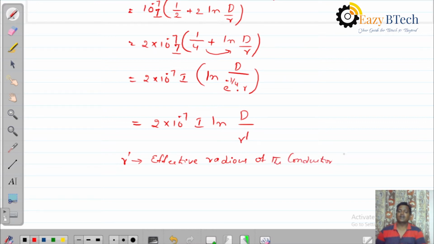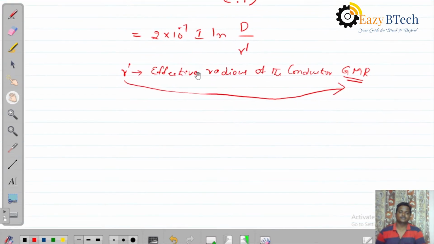It is also called GMR. We will discuss later what is meant by GMR and how to calculate the GMR of a conductor. In this case r dash is called the GMR of the conductor, the geometric mean radius. Here r dash equals e power minus 1 by 4 into r.